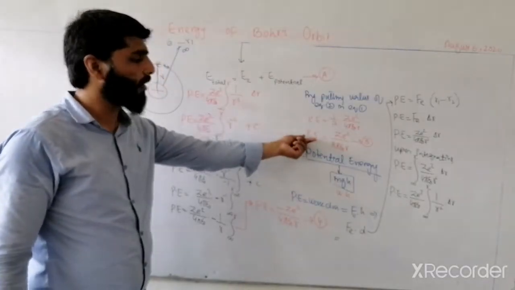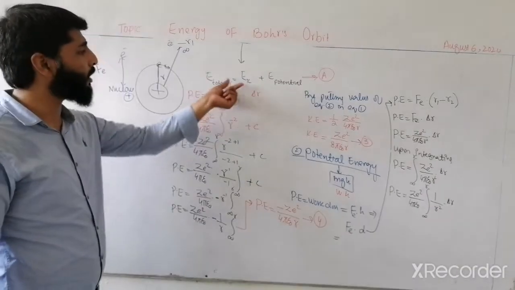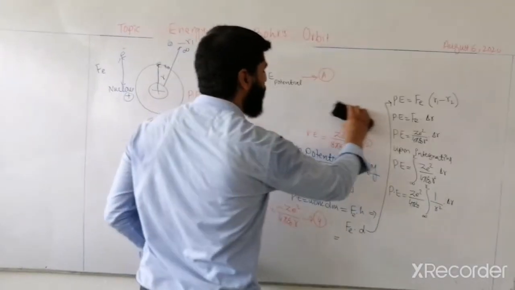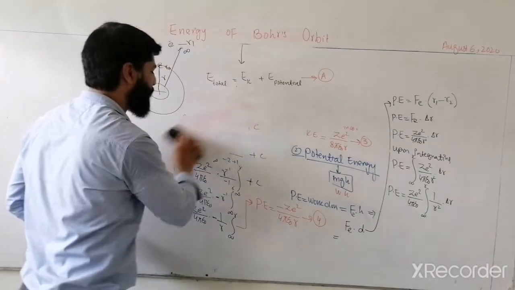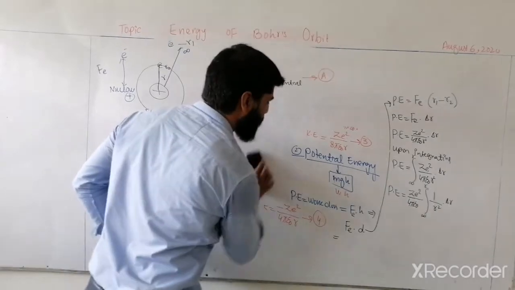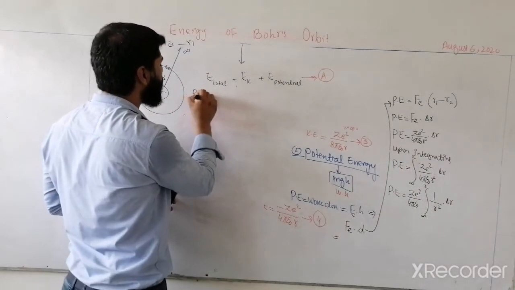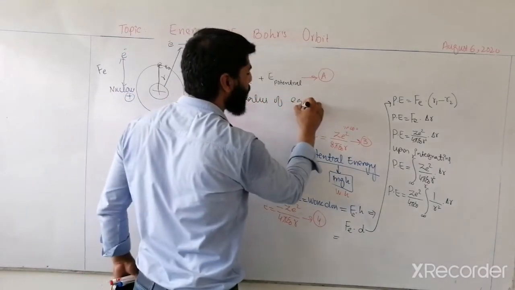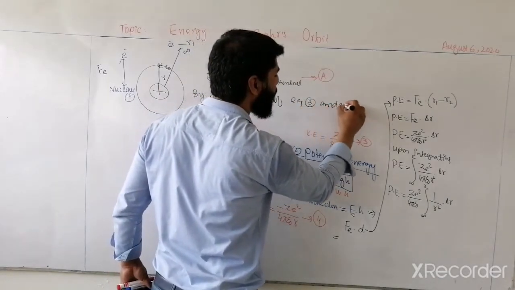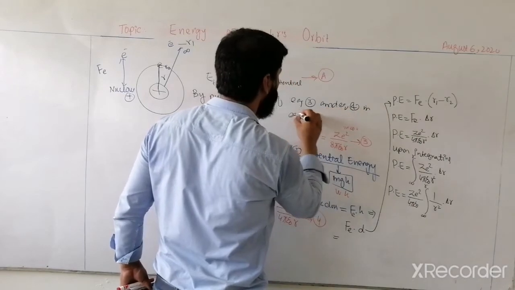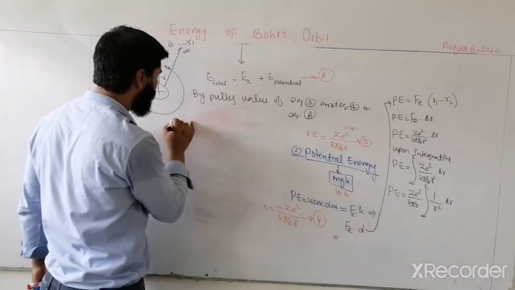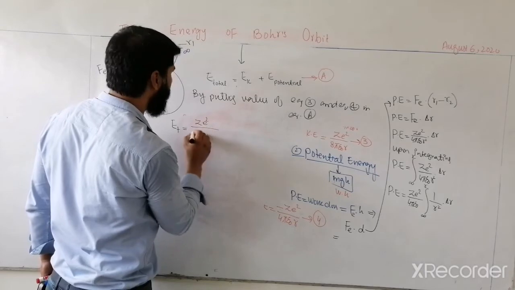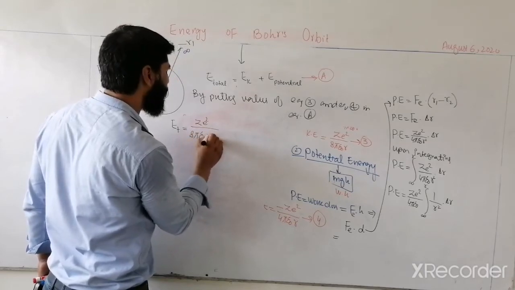We have the values of both, so we can use them in equation A. By putting the values of equation 3 and equation 4 in equation A, we will get the total energy will be equal to kinetic energy Ze² divided by 8πε₀r.